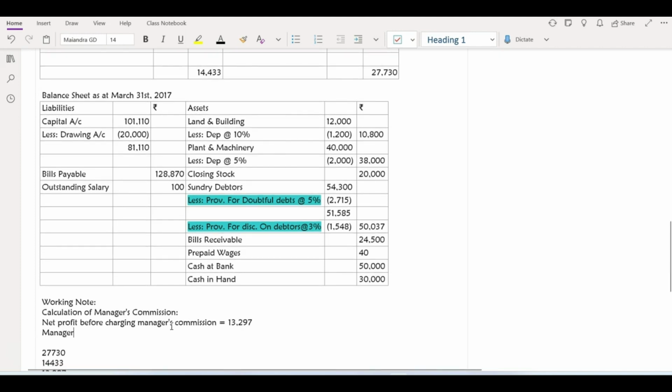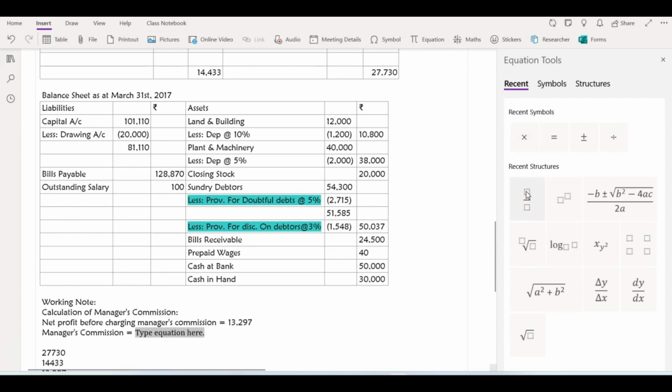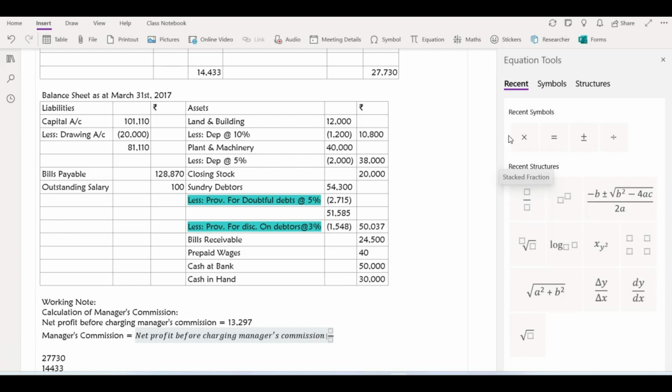So then manager's commission is equal to, I'm going to write the formula here: net profit before charging manager's commission multiplied by percentage over 100 plus percentage.